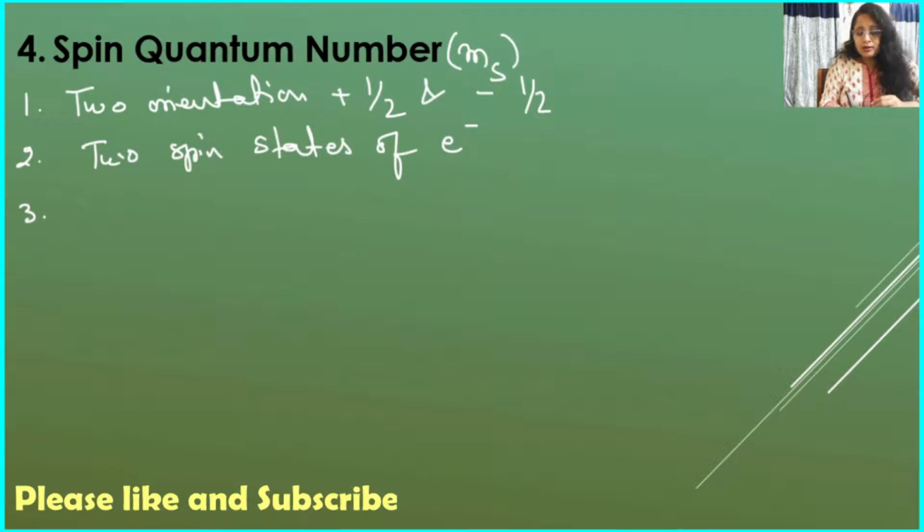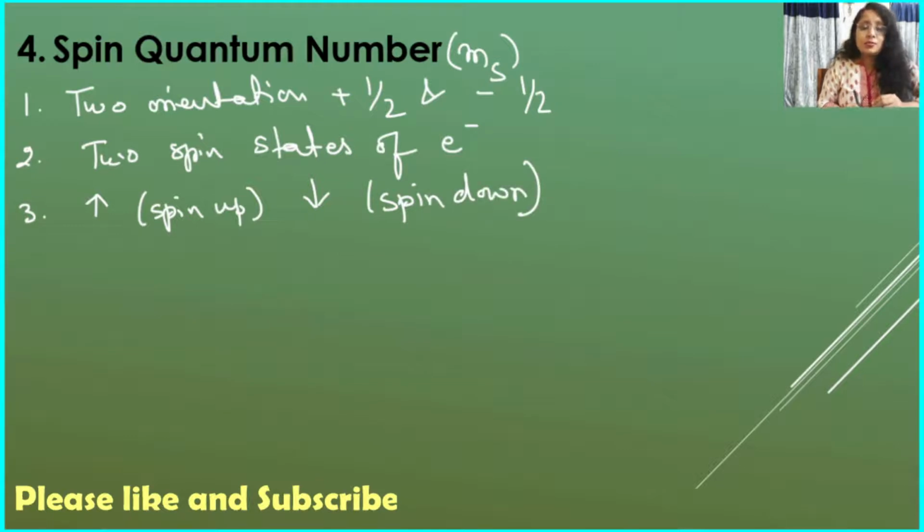Third point under this quantum number is, it is shown by the up arrow called spin up, and if it is showing a down arrow, it is called spin down. This is all about the spin quantum number.